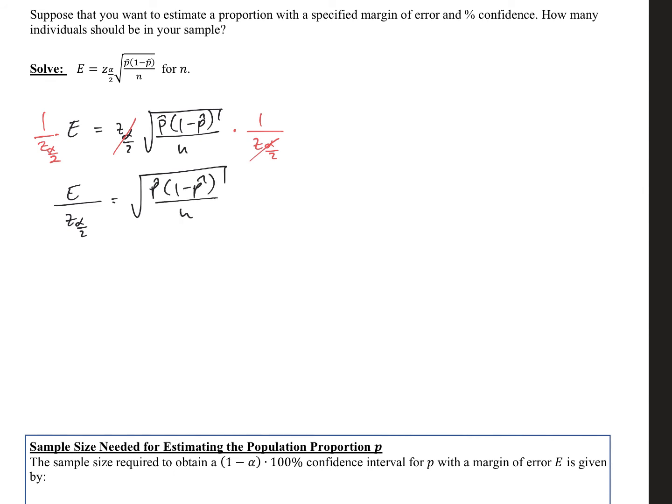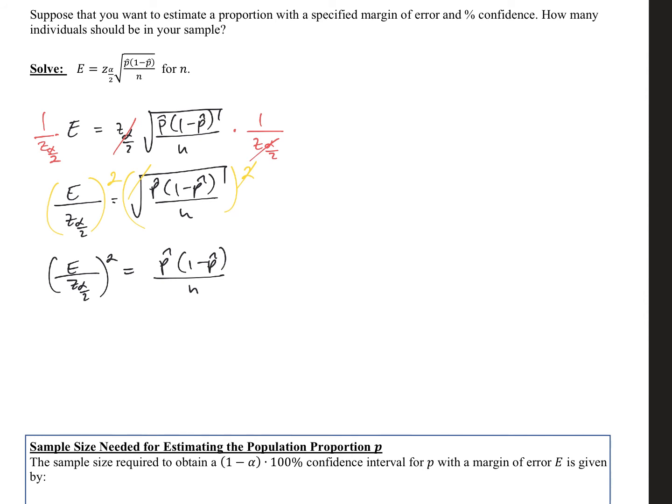Now, to get rid of that square root, we'll square both sides. That'll cancel the square root. And we have e divided by z alpha over 2, squared, is p-hat times 1 minus p-hat divided by n. We are slowly freeing the n. How will we get n by itself?